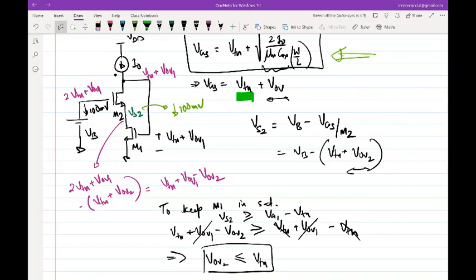If I keep on reducing VB, VS2 will decrease, and then what will happen? VS2 sets whether my M1 is in saturation or not, right? So there is a lower limit of VS2. So you have to decrease VB so as to not breach the lower limit of VS2.